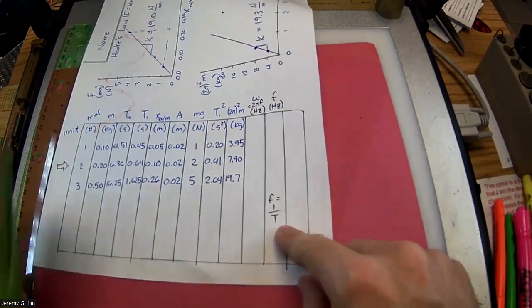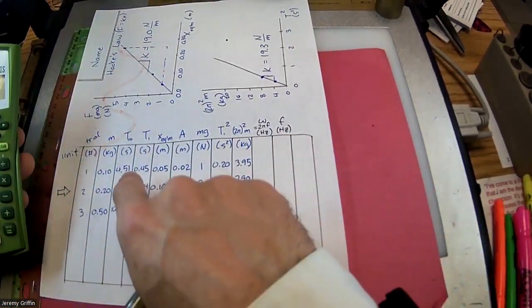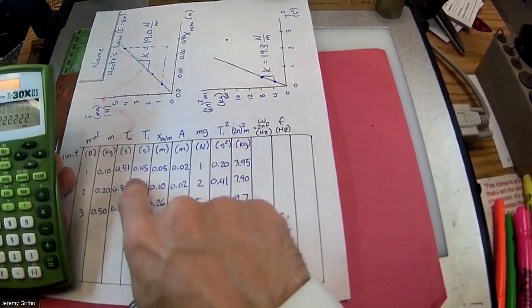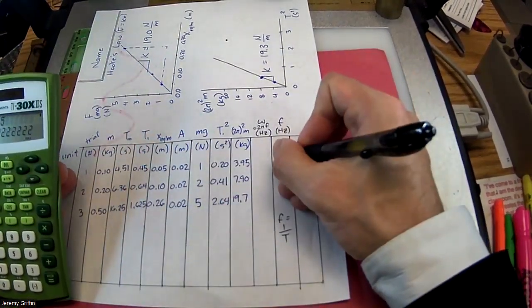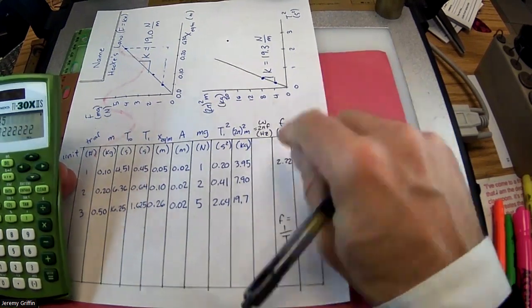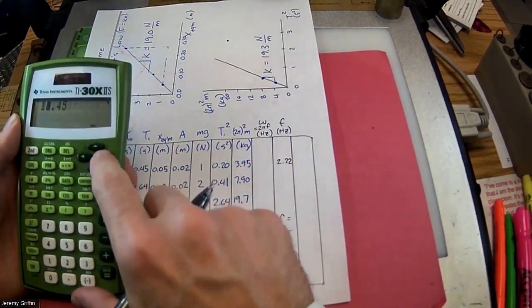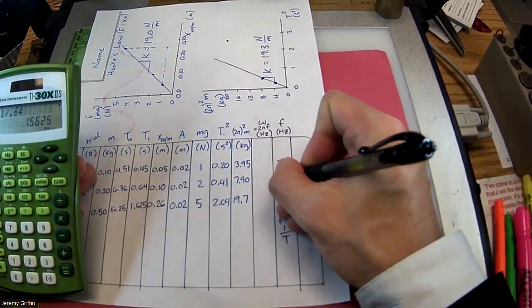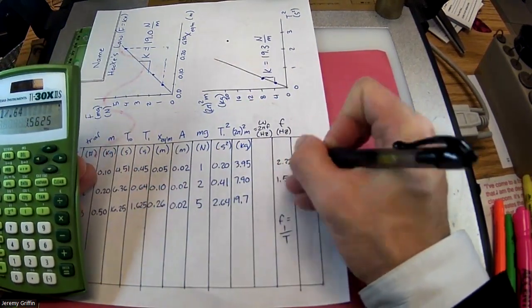So let's do frequency. It's 1 over 0.45 seconds, that is 2.22 hertz. 1 over 0.64 seconds is 1.56 hertz.